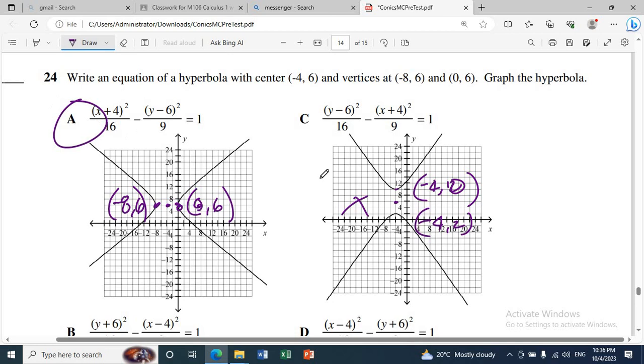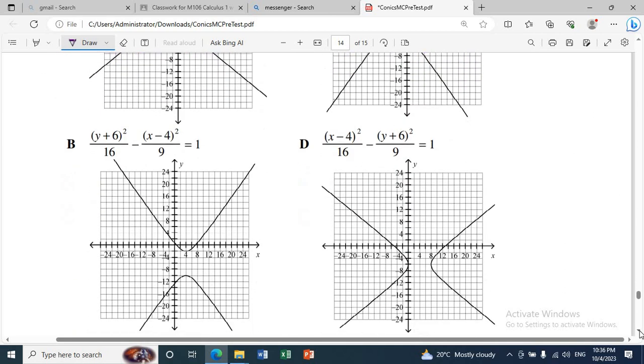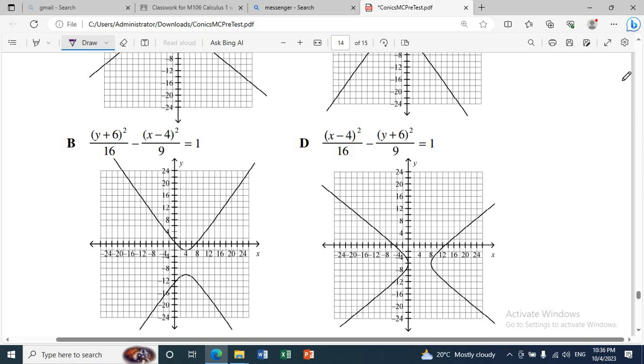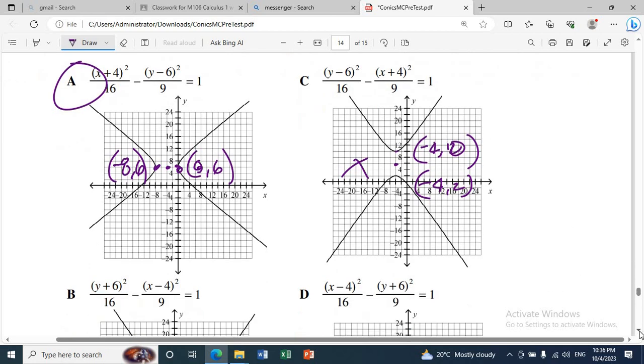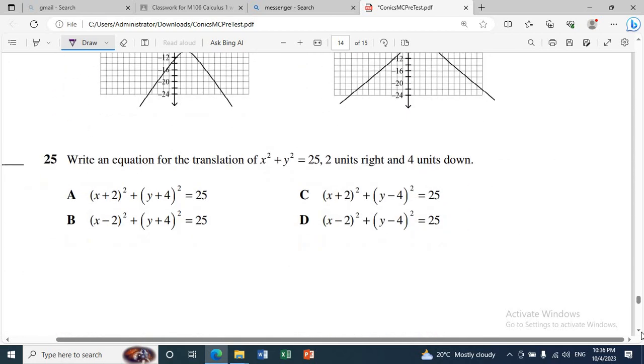So I think this is the best choice you can have, because if we look at the other graphs, the location is wrong. Let's check if the quadrant is right. Negative, positive, it's in quadrant 2. So, correct. That's letter A for number 24.